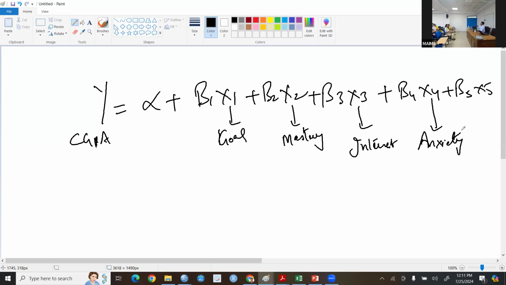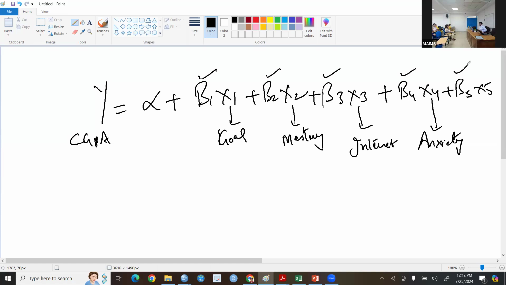So we are supposed to check which is the most important predictor for CGPA. We can check it with the help of beta. Whose beta is high, we are going to report that this beta is high. Therefore, this parameter has to be investigated by the faculty to get good CGPA for future students, right?